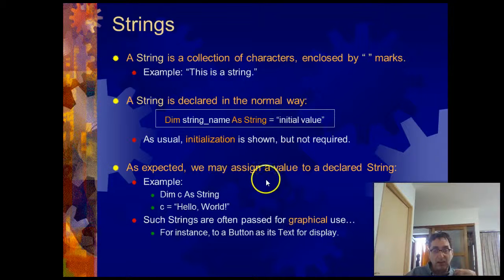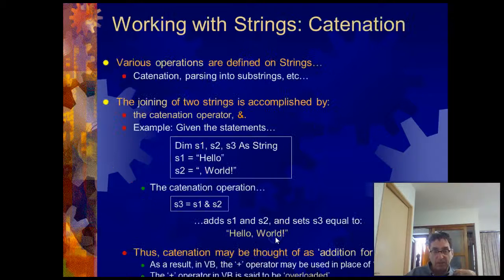As expected, we may assign a value to a declared string. For example, we could just declare C as a string, and then later on we can assign a string value to C. Such strings are often passed for graphical use, for instance to a button as its text for display.